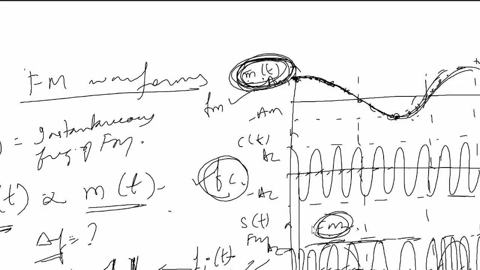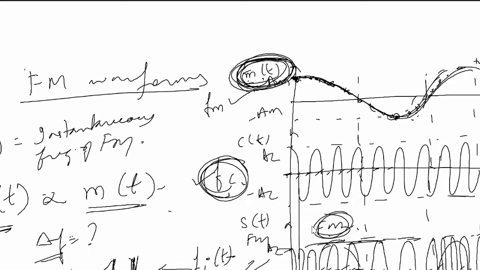That means after frequency modulation has taken place, what is the amount of change or deviation in the frequency of the carrier signal with respect to the original carrier frequency. So how much fi(t) has changed with respect to fc, that is called frequency deviation.